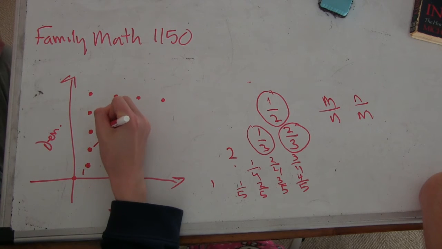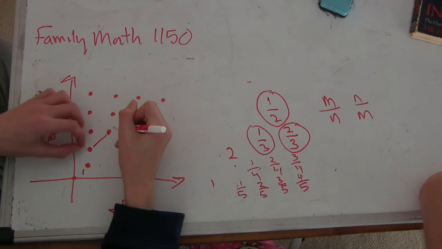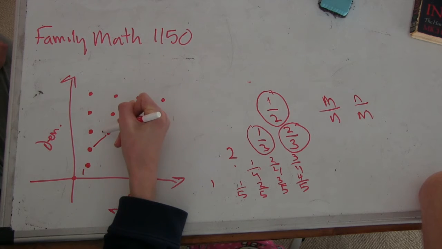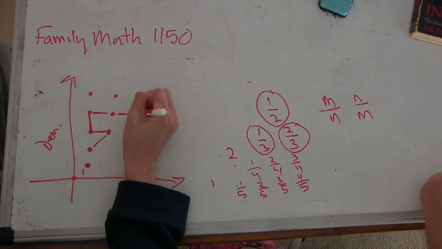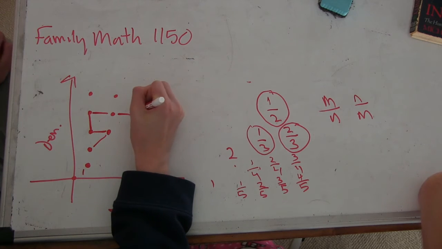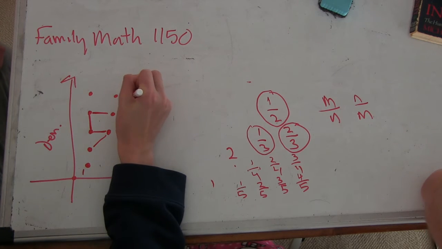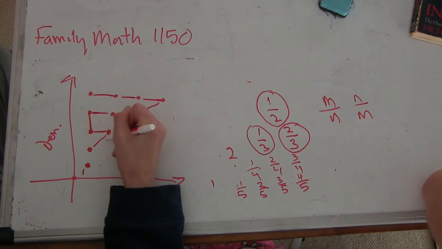Show me how you snake along. You first get this, and then you move up to the next row and you get it, and you move up to the next row and you hit all of those points, snaking along like this.